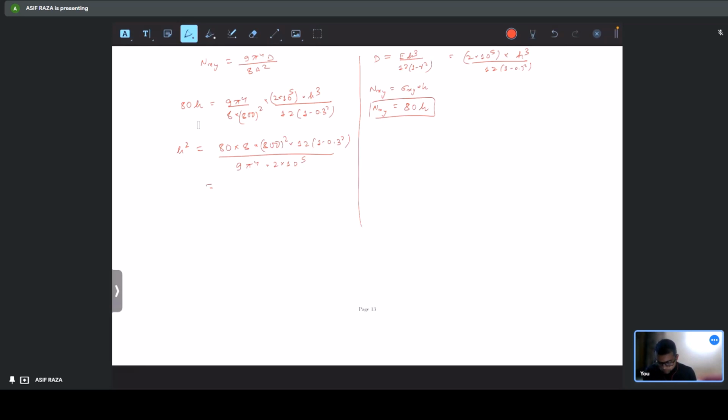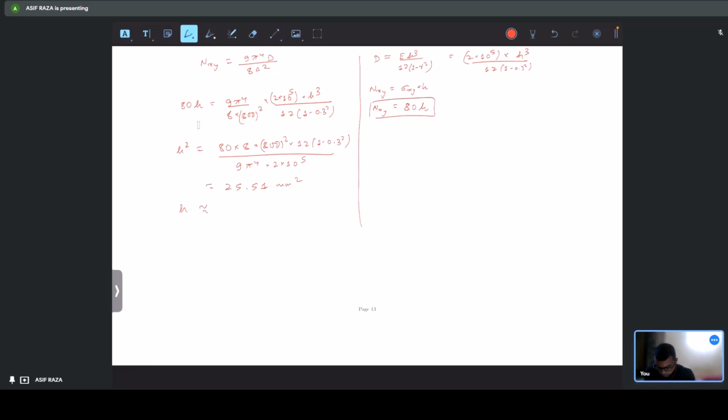So this would be equal to 25.51 mm square.